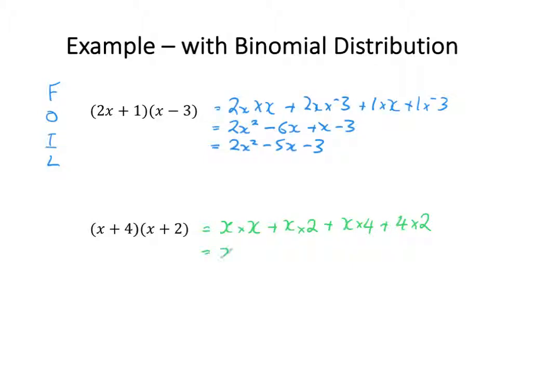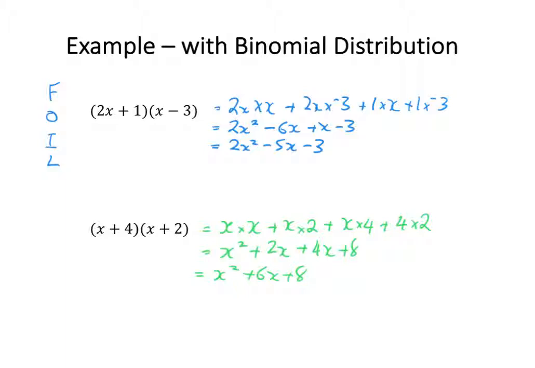So that is equal to x squared plus 2x plus 4x plus 8. So that is going to equal x squared plus 6x plus 8. If you don't know how to complete these binomial distributions, go back and have a look at the video that explains how to perform a binomial distribution.